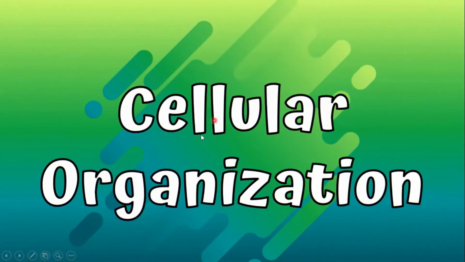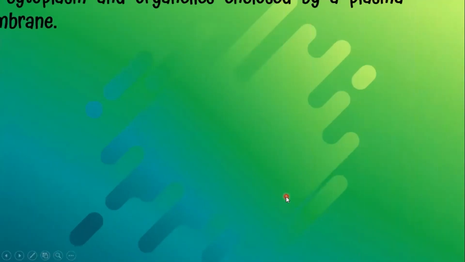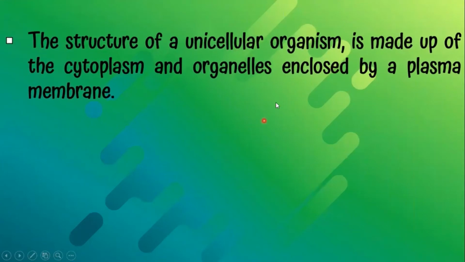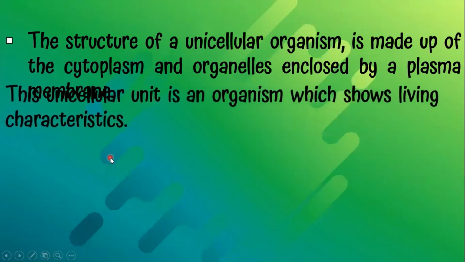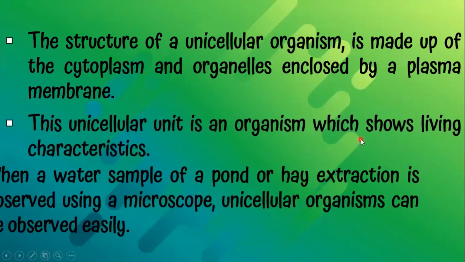Our first topic is cellular organization. The structure of a unicellular organism is made up of the cytoplasm and organelles enclosed by a plasma membrane. This unicellular unit is an organism which shows living characteristics.